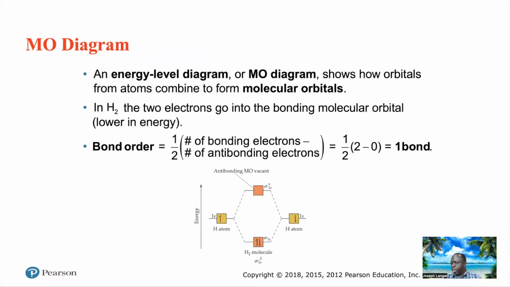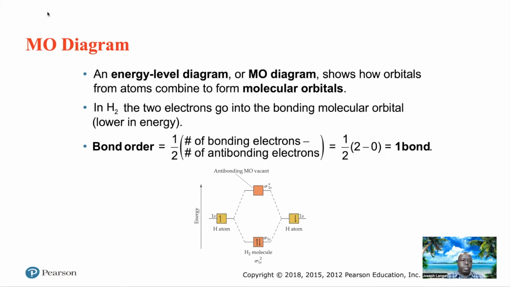One thing you need to know is the top part, these are antibonding orbitals. These are bonding orbitals. We use these to calculate what we call bond order, or to tell us how many bonds are formed.